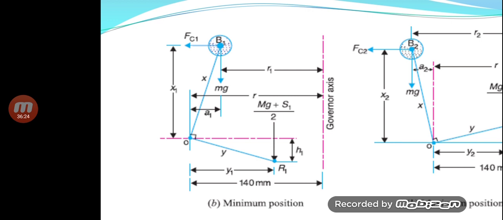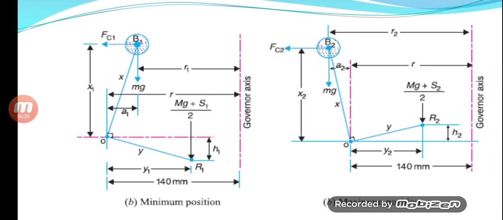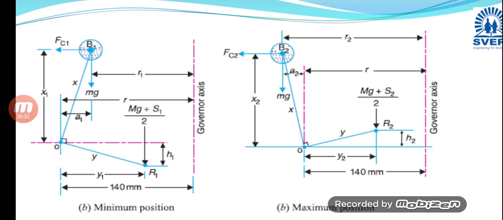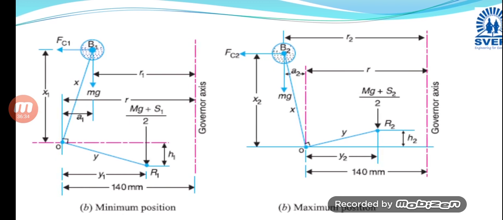This is the first position, when the governor is rotating at the minimum speed. In the second diagram, the governor is rotating at the maximum speed.